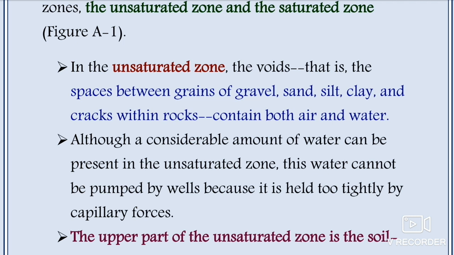And the capillary fringe, we have already talked about its position, is in between the zone of aeration and the zone of saturation. The capillary fringe can also be defined as the demarcating boundary between the zone of aeration and the zone of saturation.